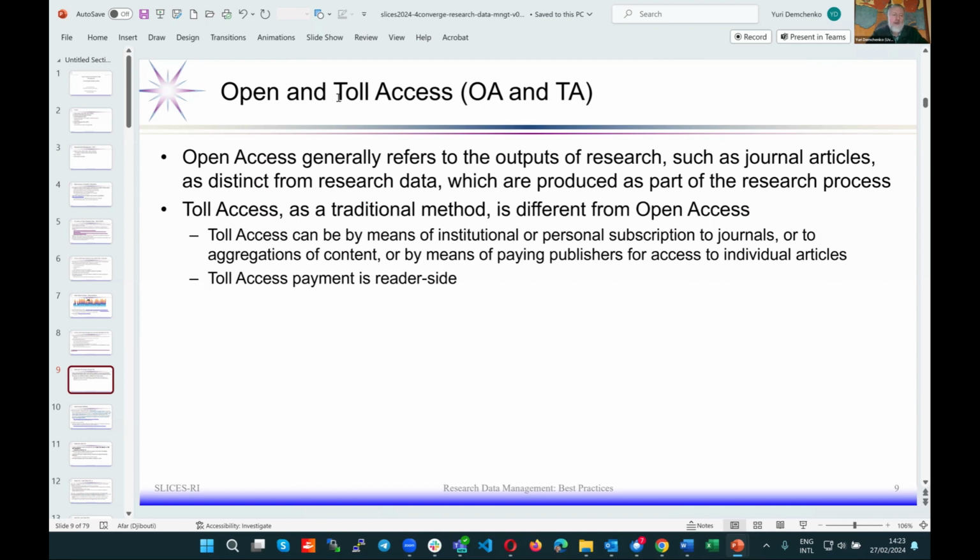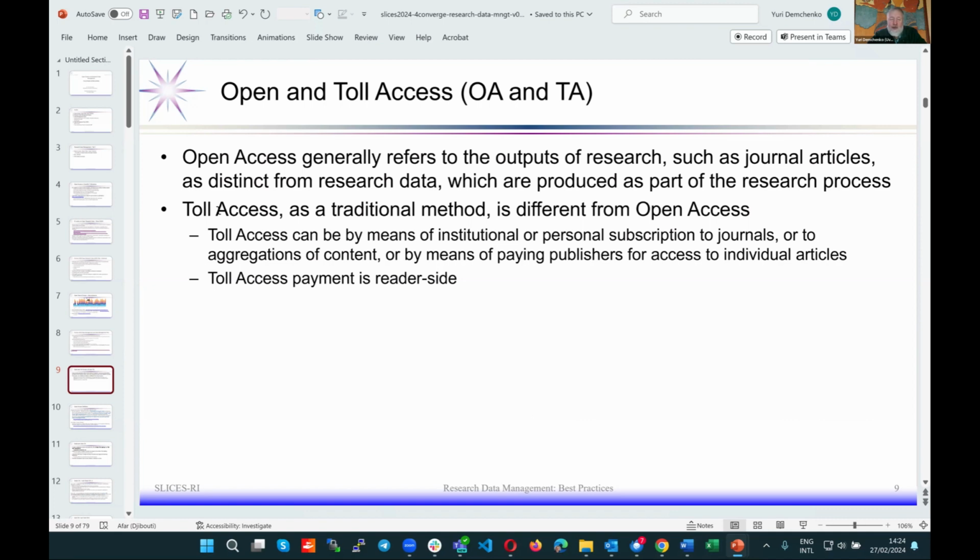There are a few definitions or concepts in open science. This slide simply shows that there is open access, about which we will look at the next slides, and there is toll access. Toll access is the traditional one, where organizations or users pay for access to the publications, and the price is quite high.